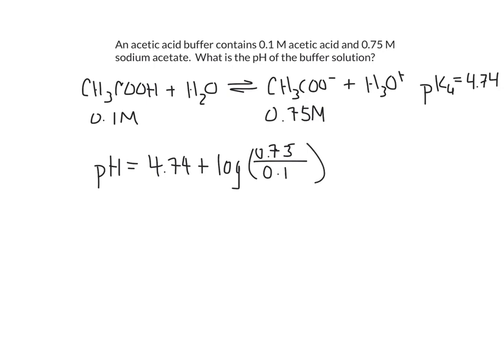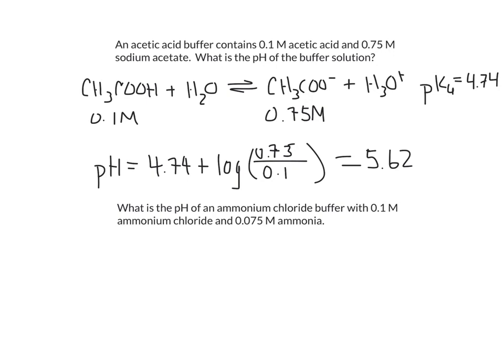And I find that if I solve this equation, my pH will be 5.62. It makes sense that this pH is more basic, larger, than the pKa because I have more base than conjugate acid in my solution.